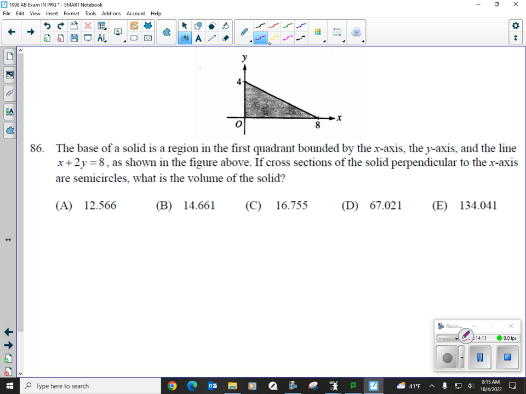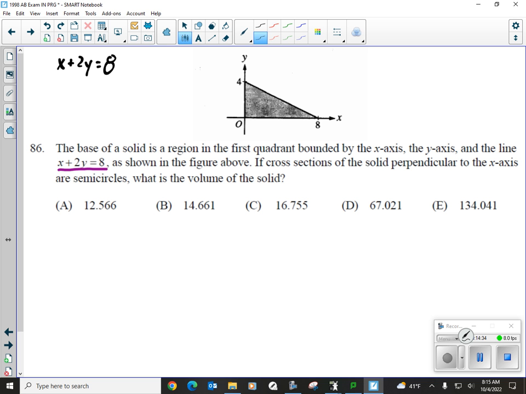So this is our equation of a line. X plus 2y equals 8.